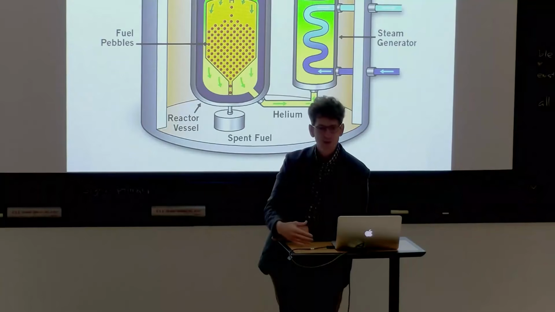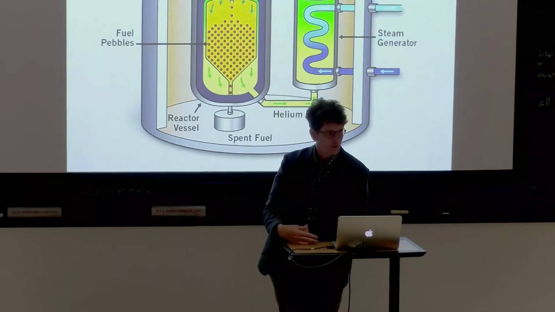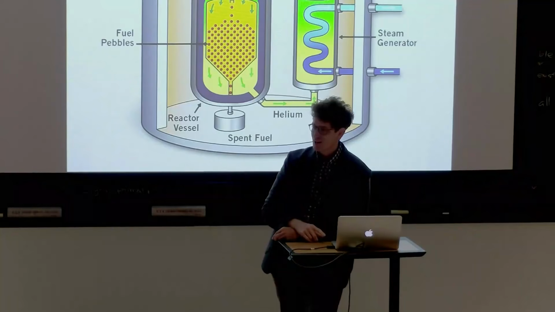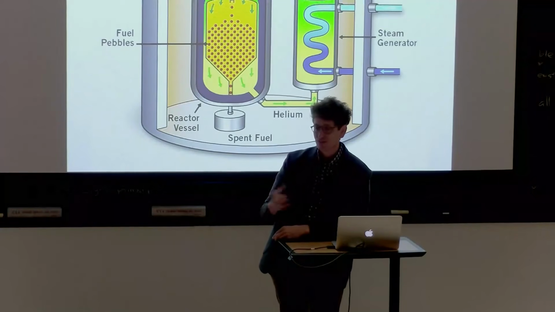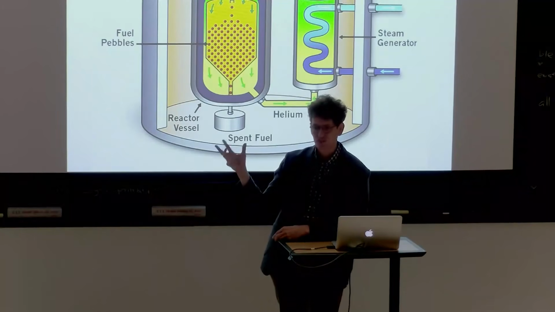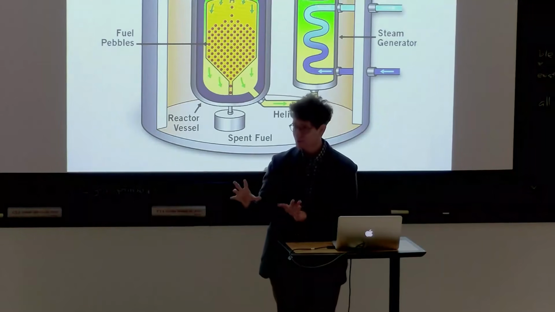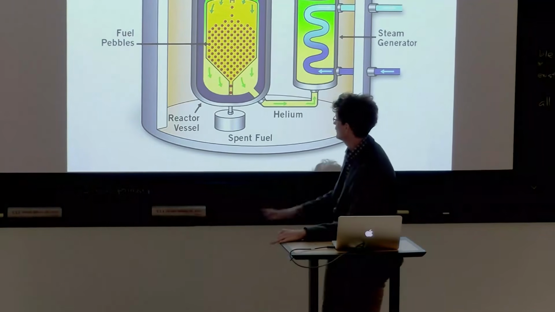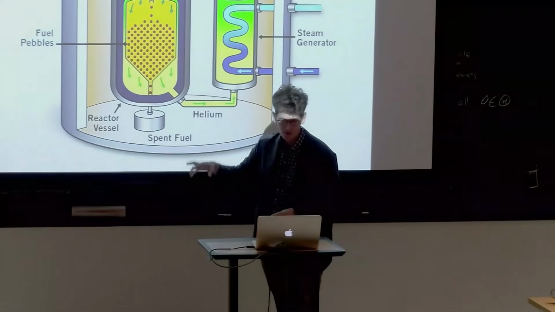Because they go to much higher temperatures, you can get better thermal efficiencies, which are a function of this delta T. And you can do things that need really high temperature heat, like melt steel. So you could use these for all kinds of industrial processes. We'll have a whole lecture about that. But in principle, you can use these kinds of reactors for different concepts.